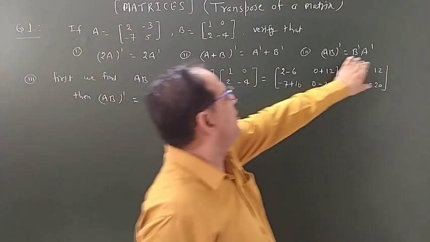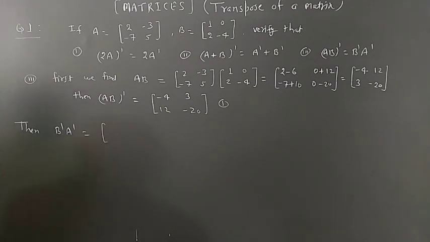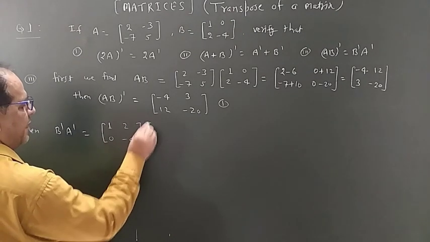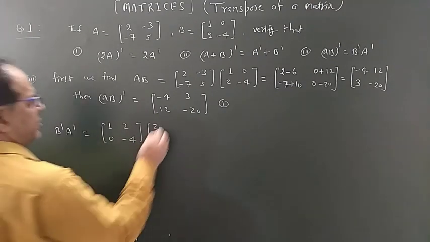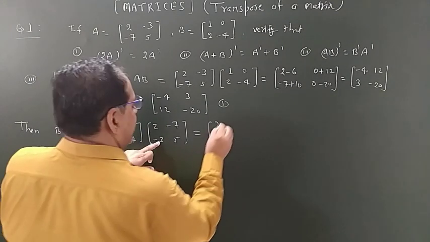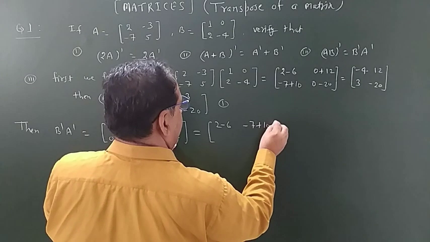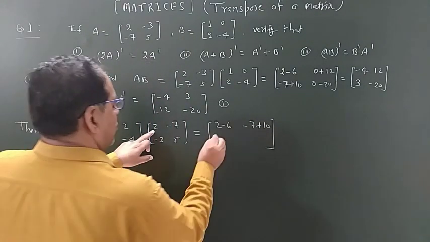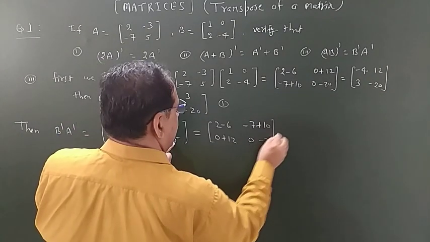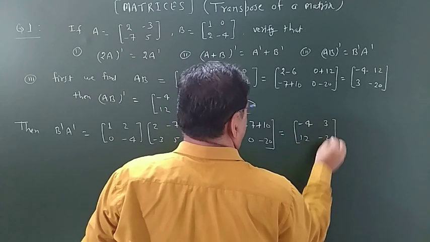Now we find B dash into A dash. B dash is the transpose of B, 1 2 0 -4, multiplied with A dash, that means 2 -7 -3 5. Multiplying: 1 times 2 plus 2 times -3 gives -4, 1 times -7 plus 2 times 5 gives 3, 0 times 2 plus -4 times -3 gives 12, and 0 times -7 plus -4 times 5 gives -20.